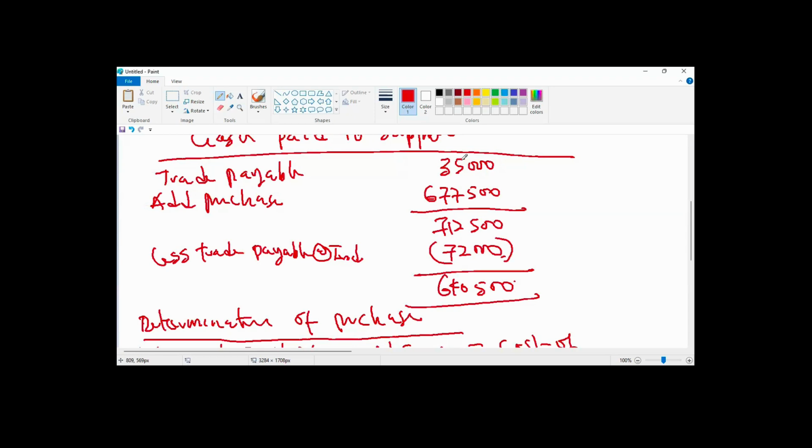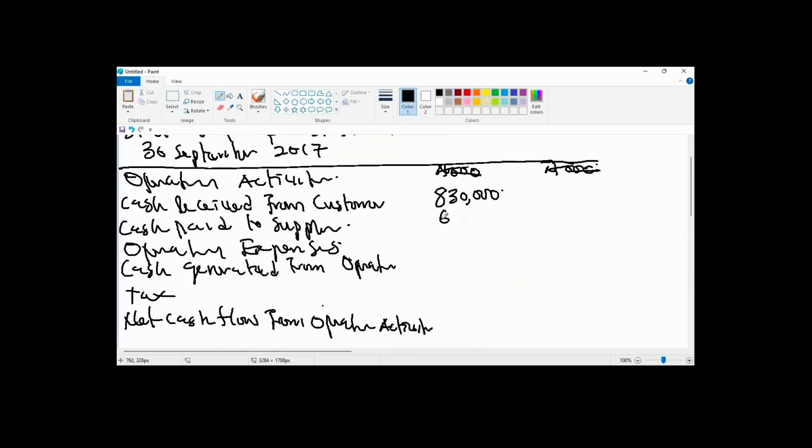The 640,500 is paid. Operating expenses.